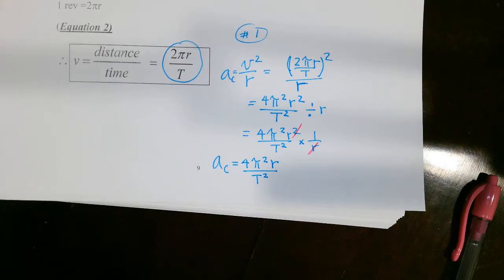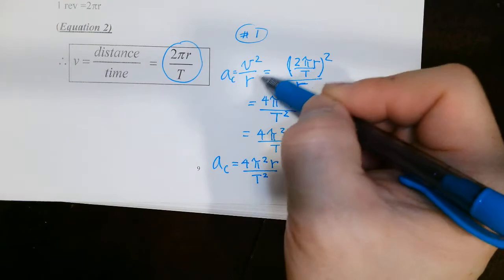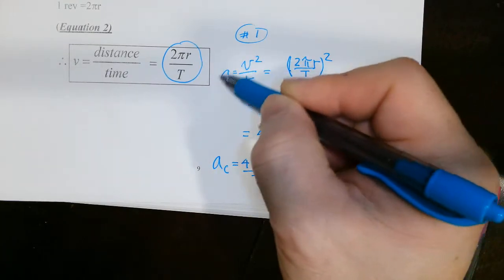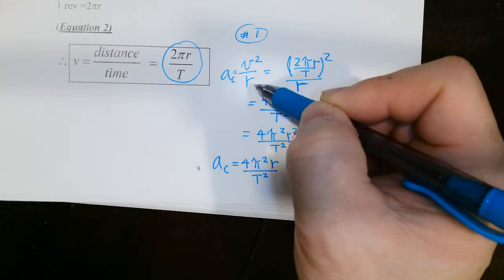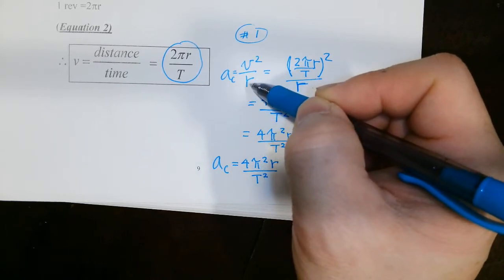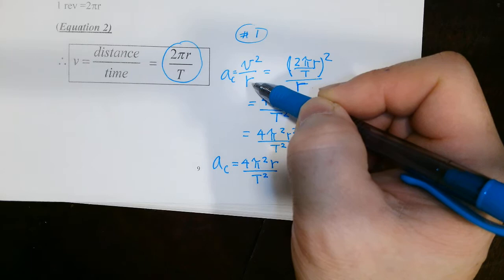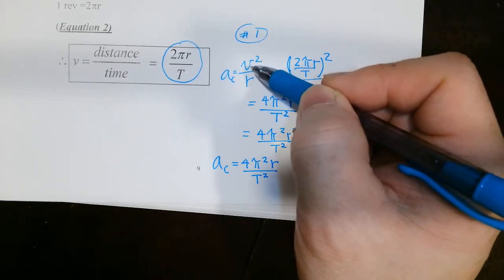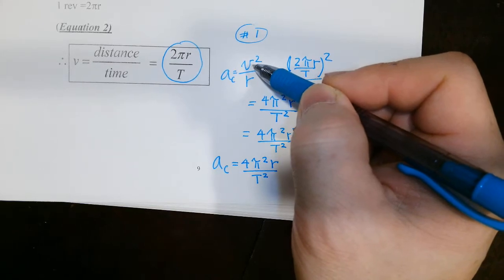So that means, even though when I see this, people may think, well, centripetal acceleration should be inversely proportional to the radius. That is false, actually, because this velocity itself has radius built in.